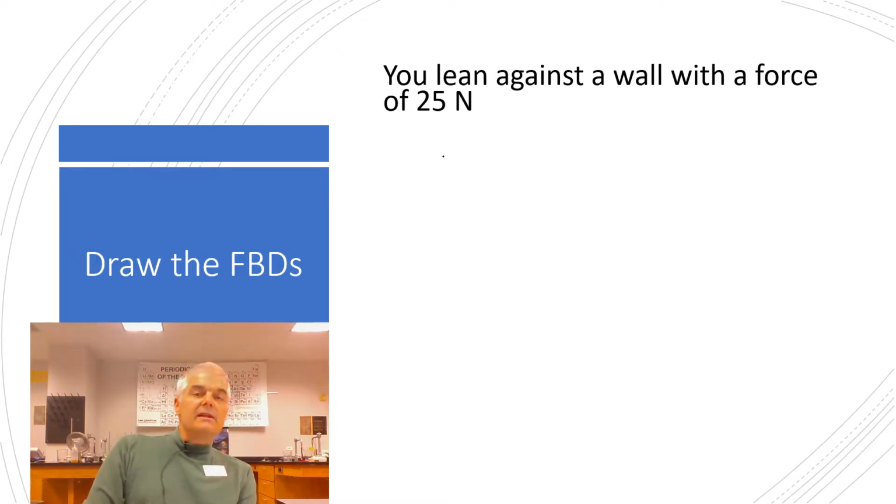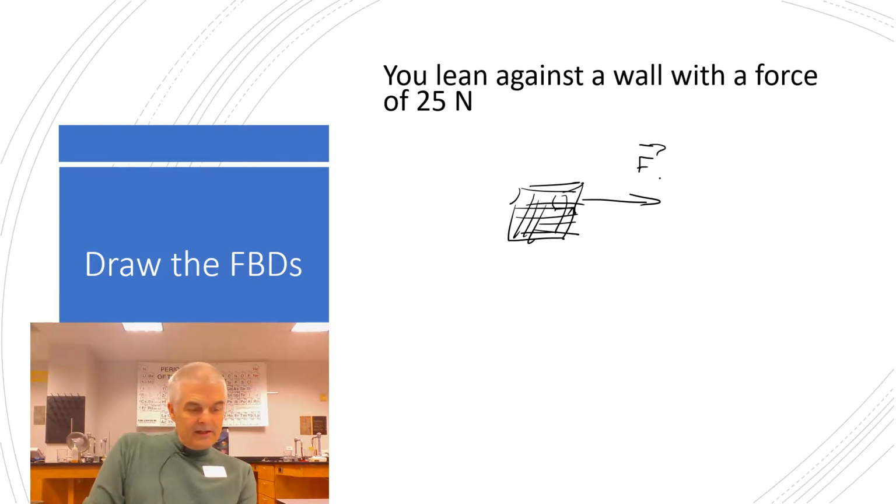What about this? You lean against a wall with a force of 25 Newtons. I know this is going to be weird. So I've got a wall. Trying to draw a brick wall. All right, not so good. So think about it: the action is that the wall pushes back on you at 25 newtons.